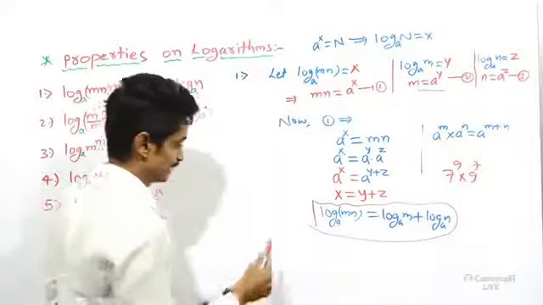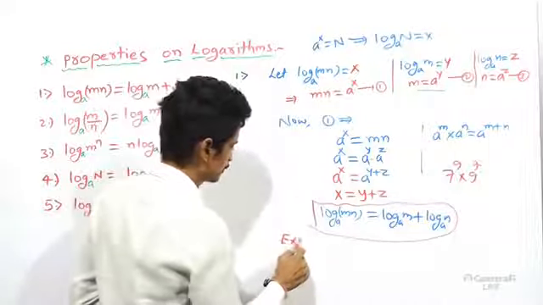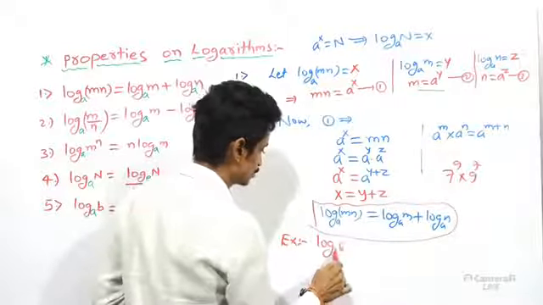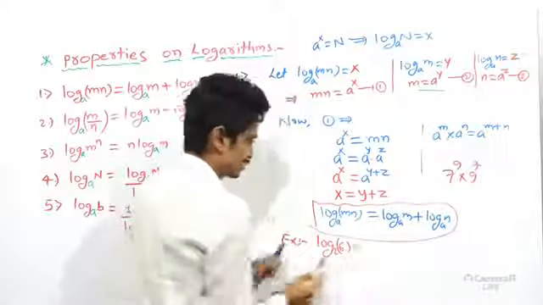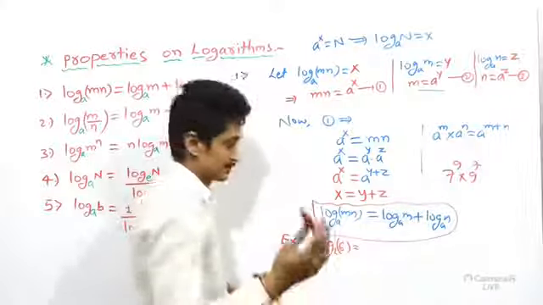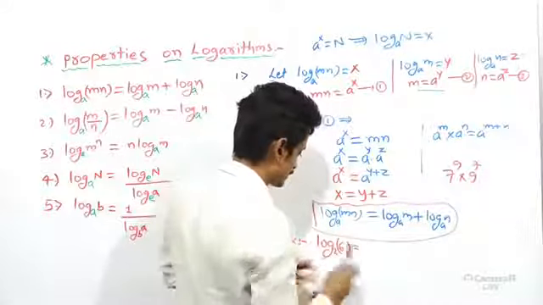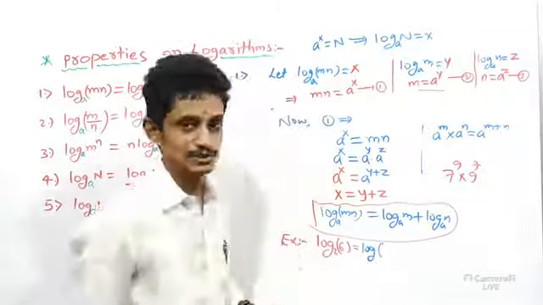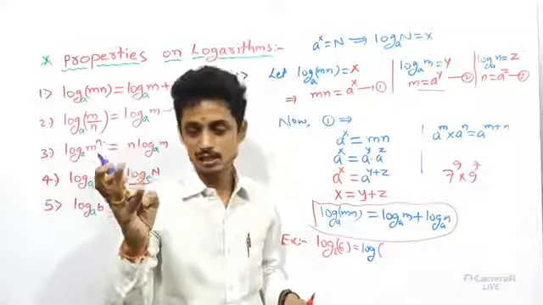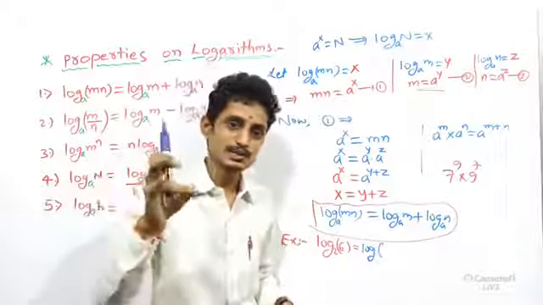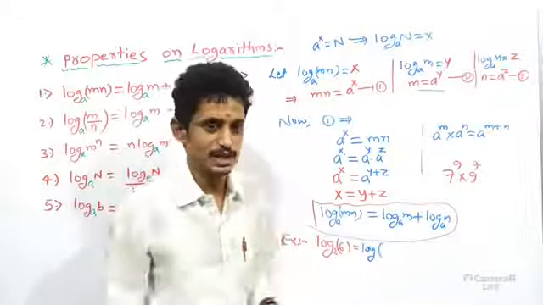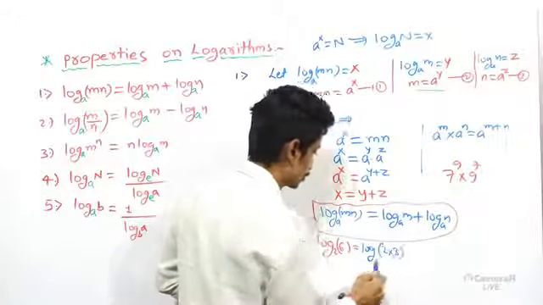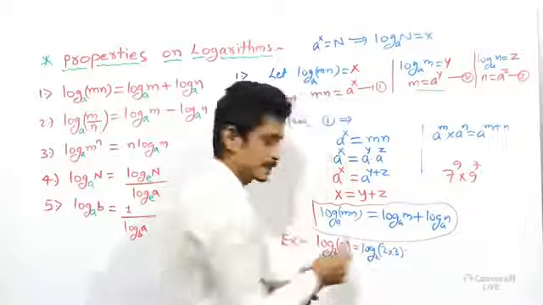Now I will take an example. Log of 6 to the base 2. How can I separate it? Everyone knows that 6 can be split as 1 into 6, or 2 into 3, or 3 into 2, or 6 into 1. Anyhow, I will simply take 2 times 3. How can I separate it?